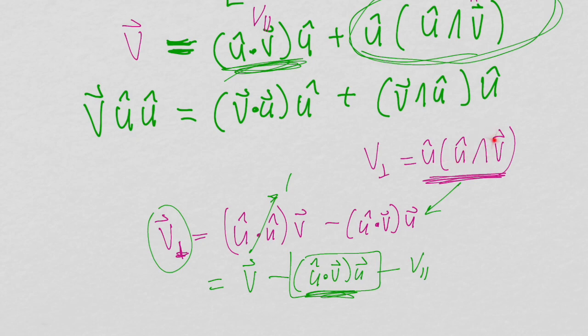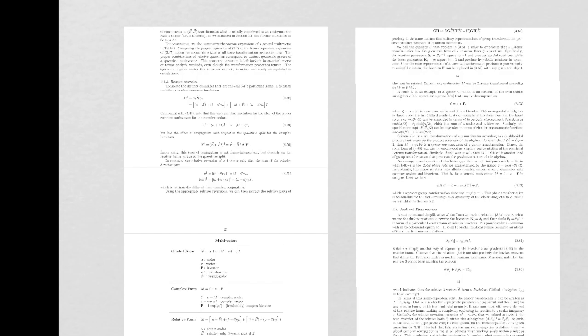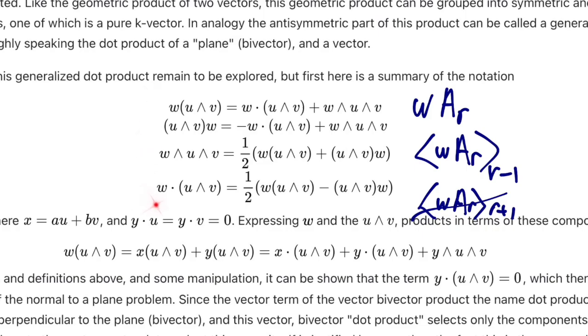Because a bivector is, the R in that case is 2. So the contraction part is going to be an R equals 1, or a grade 1 element, which is a vector, and that's what this is. But I didn't write the inflation part down because we know that U wedge V is 0, because U wedge U is automatically 0. And that's what we need to remember: this part sometimes is 0 when you do this. So we immediately went from here to here.